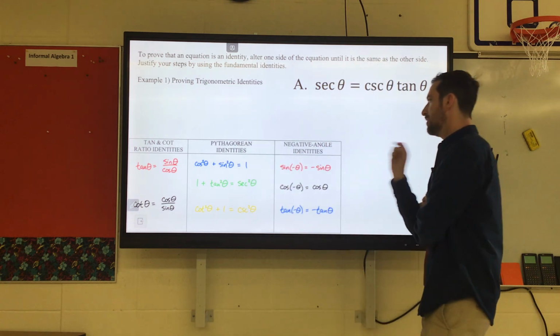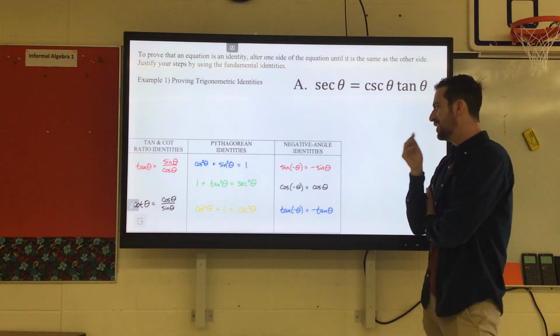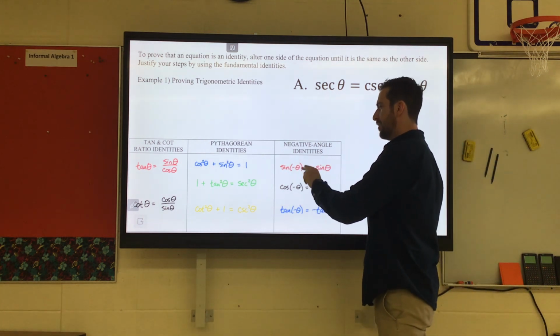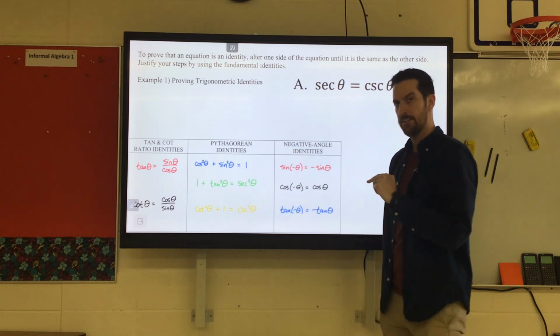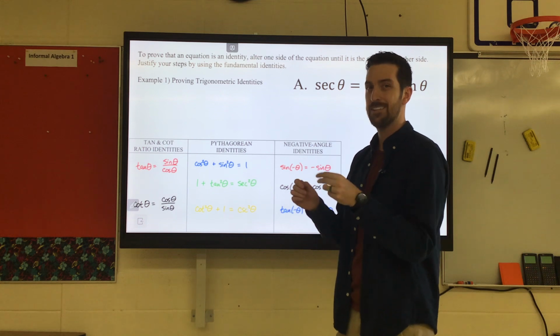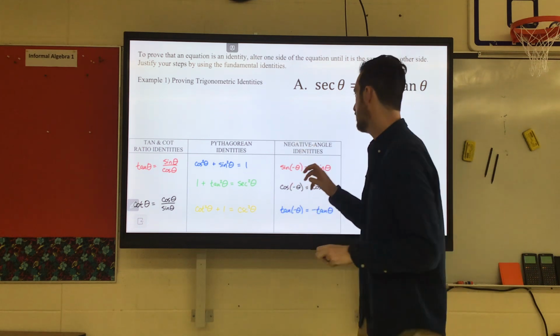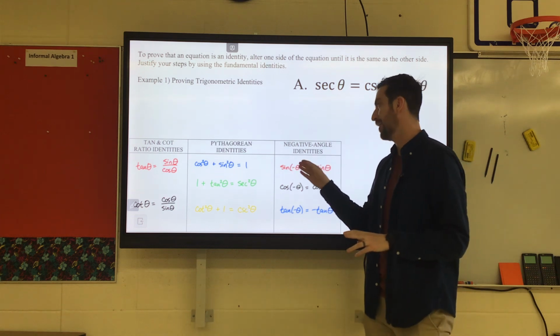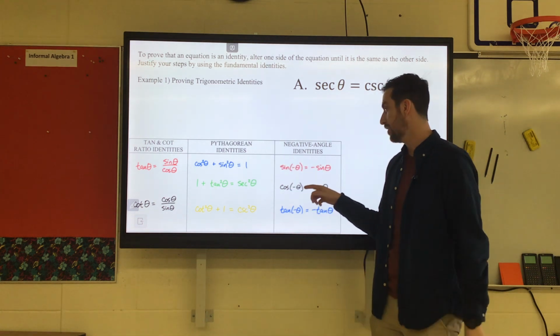And then these negative angle identities. If it's sine of negative theta, you just kick the negative out in front. That also goes for the reciprocal function, cosecant. Those are called odd identities. So the odd ones, you kick the negative out in front.